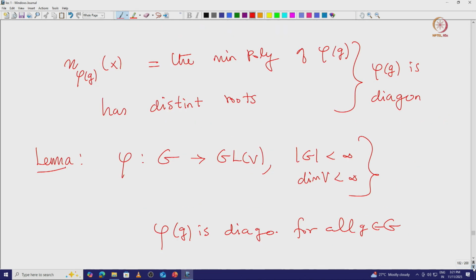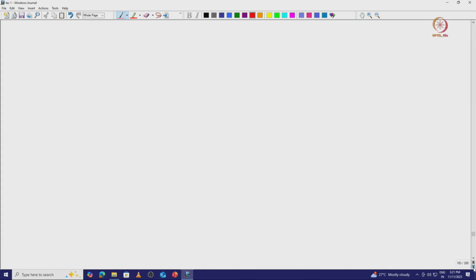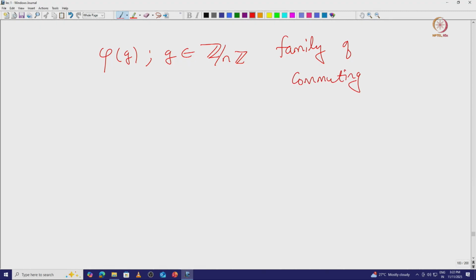Since we are working with an abelian group, because Z modulo nZ is cyclic and hence abelian, these phi of g, where g is in Z modulo nZ, are a family of commuting diagonalizable operators.